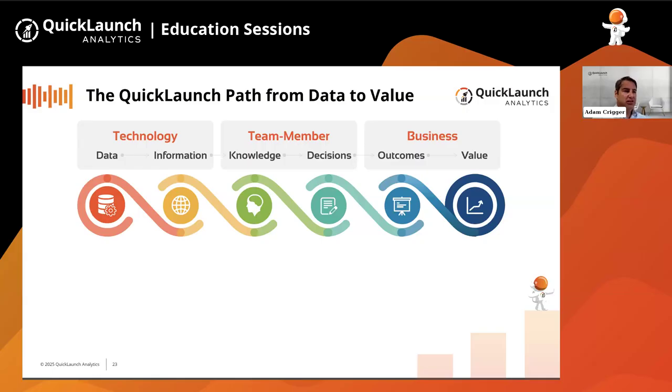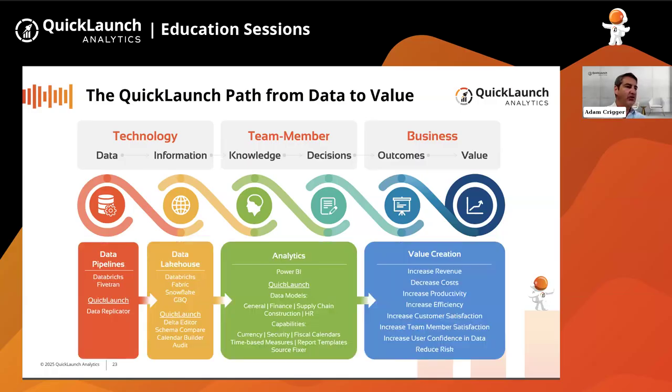As David was alluding to, how do you make a decision on your operations line that's going to drive impact on reducing waste or improving yield? We'll talk about some examples in a moment. But once you have those outcomes, that's what establishes value as you start to quantify that for the business, okay?